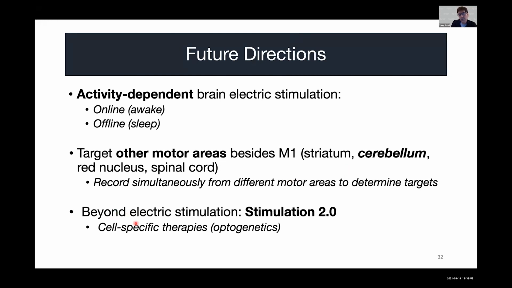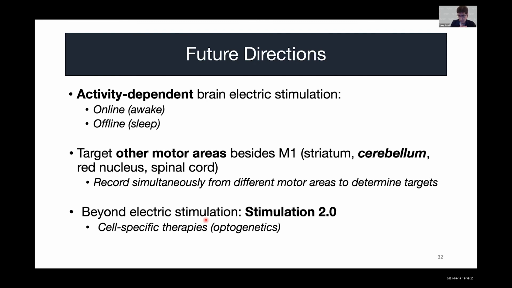And then obviously we are also interested in developing circuit or cell specific therapies, which can be accomplished with optogenetics, stimulation 2.0, if you will. With electrical stimulation, we don't really know where all it is going, but with optogenetics, we can do targeted interventions.